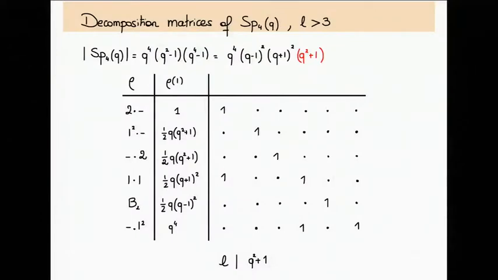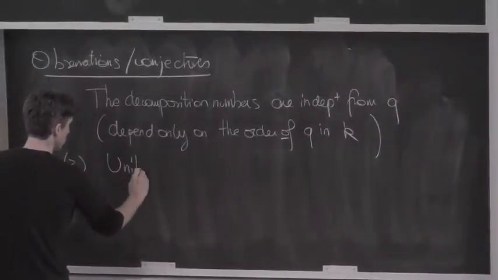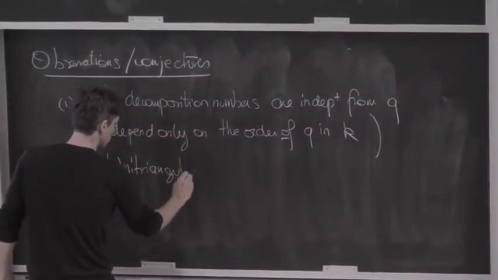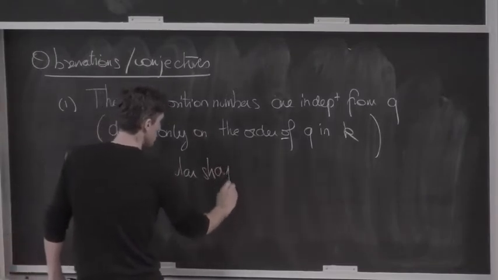That's the first observation. The second one, as you can see, is that the matrices all have unitriangular shape, like they did for SL2. So it seems that the basic set of unipotent characters has unitriangular shape.